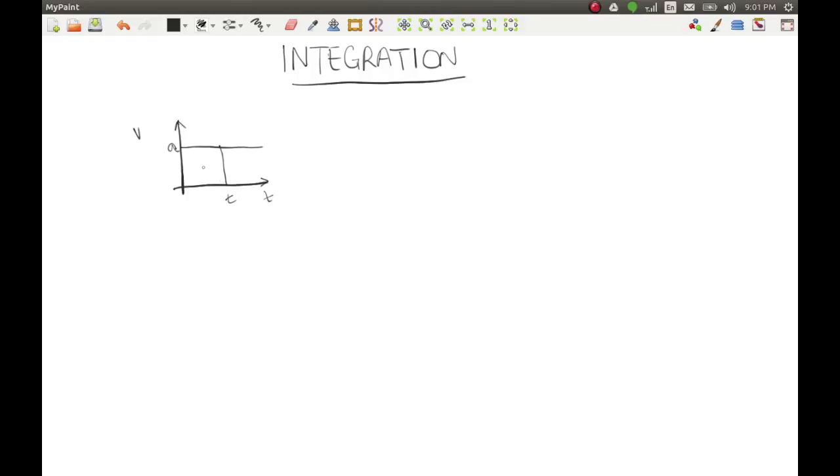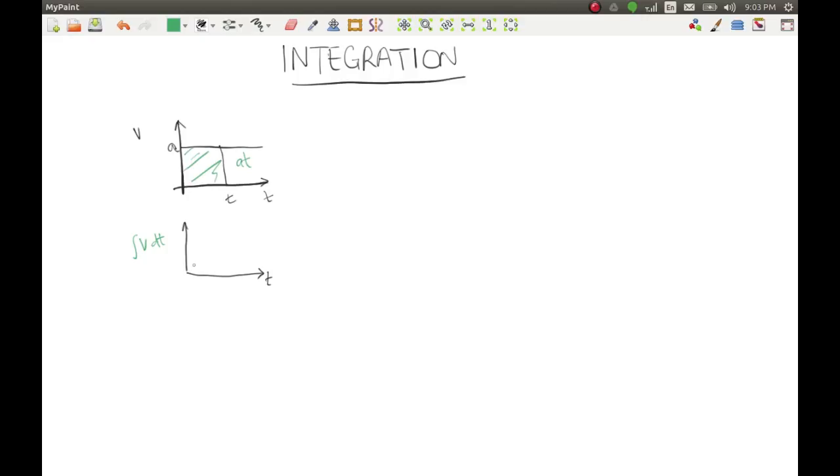So the area of this would be A times t. So if I drew a second graph, which was the integral of v dt, this is what is referred to as the area of v dt, or integral of v dt.